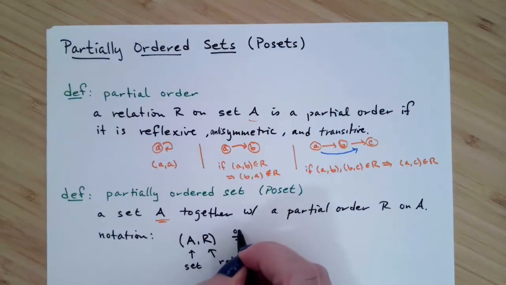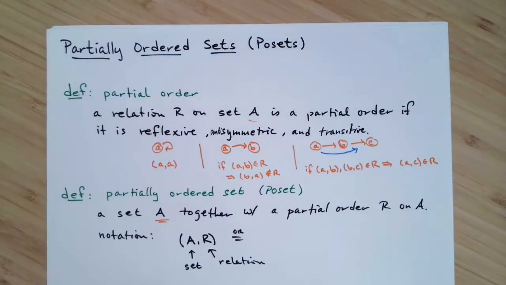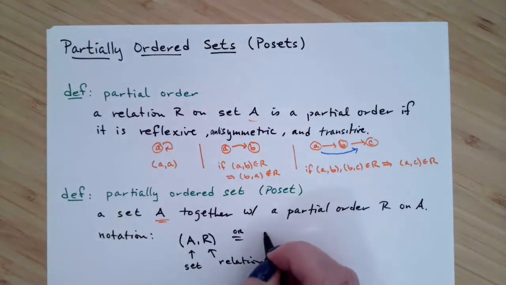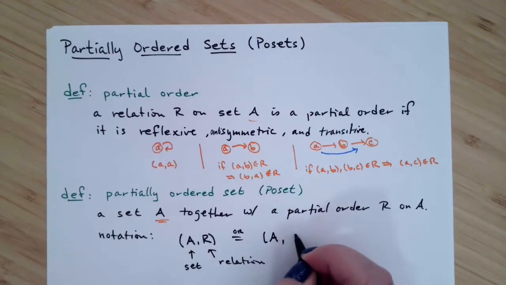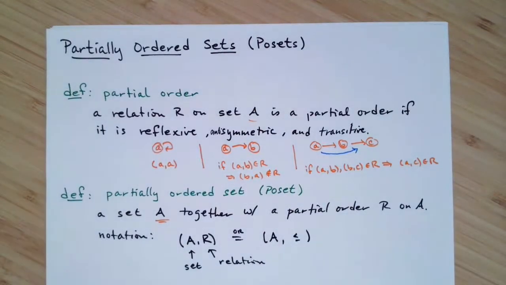It is also pretty common to see, if you're looking this up either on the internet or in a different textbook, where you have your name of your set first, and some people, just to indicate that you're dealing with a partial order, will use the placeholder symbol of a less than or equal to symbol. That's a stand-in for saying, hey, you've got a partial order.